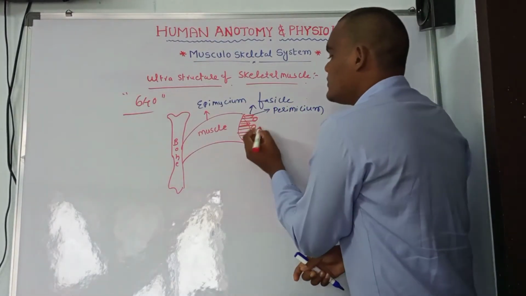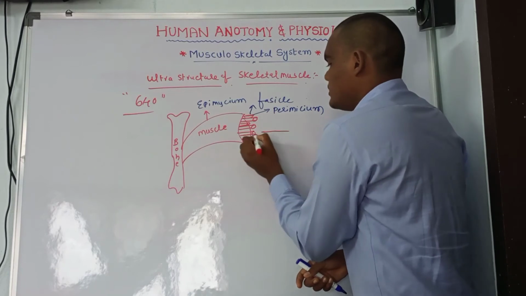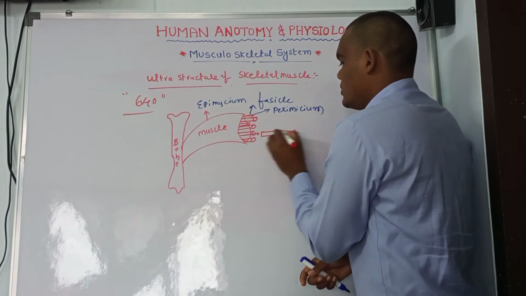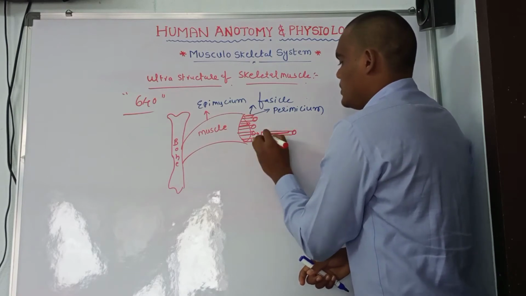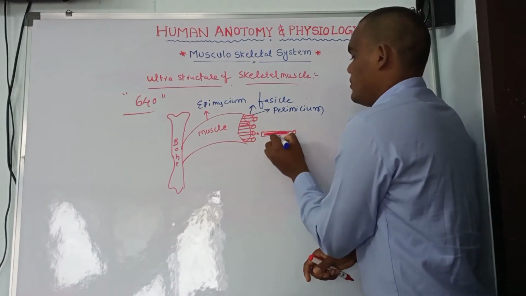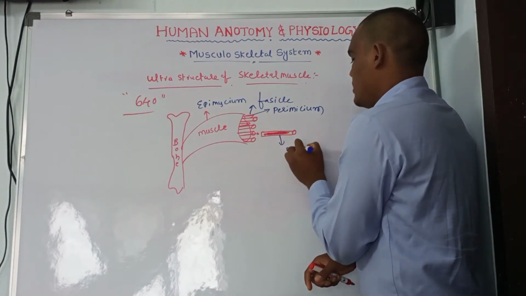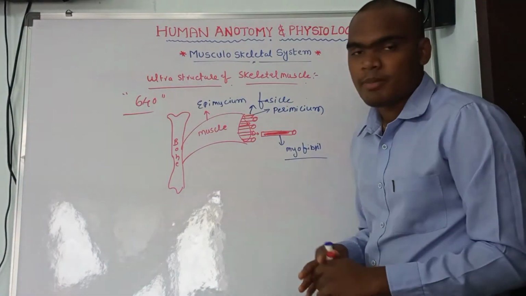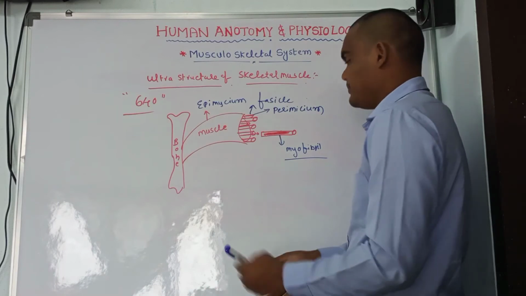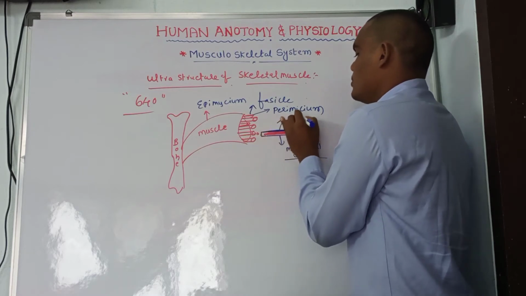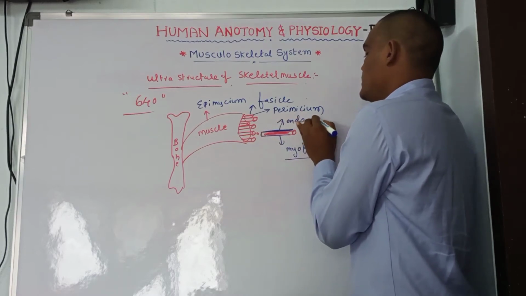In these fascicles we observe myofibrils. These myofibrils are outer lined by endomysium.